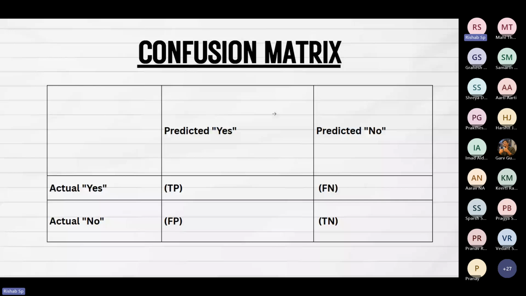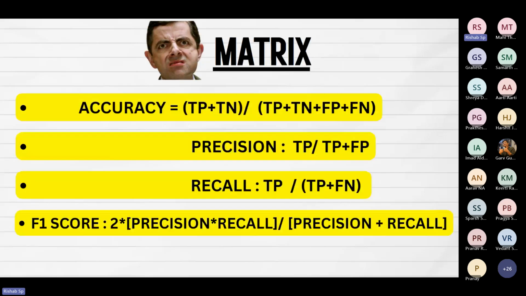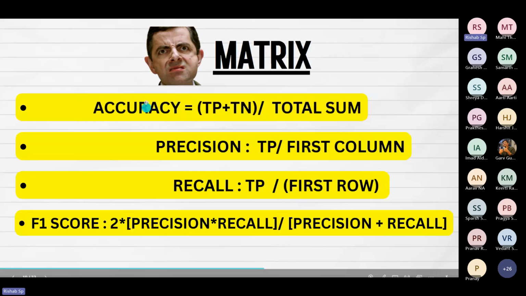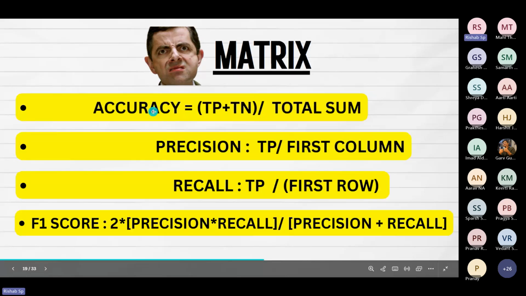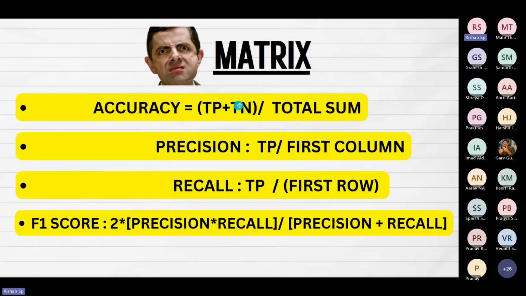Quite simple, right? You just need to know what TP is, where TP and TN are. Maybe it will be given in the question, but better you know those things and are aware of these equations too. You are sorted. So, as I said, accuracy is TP plus TN divided by the total sum.